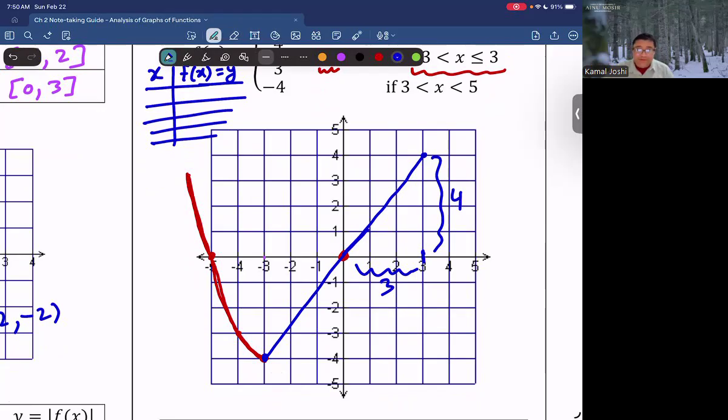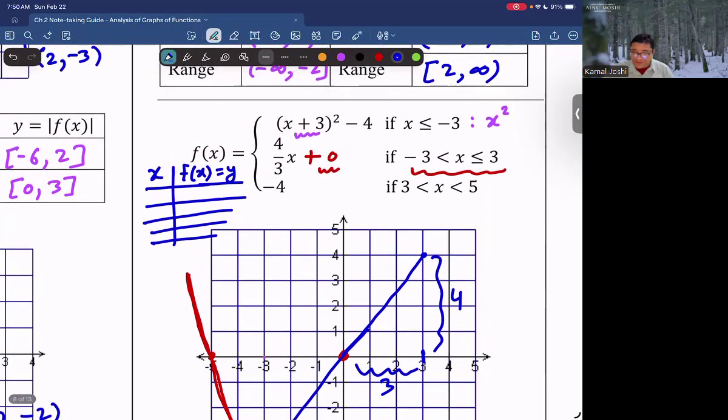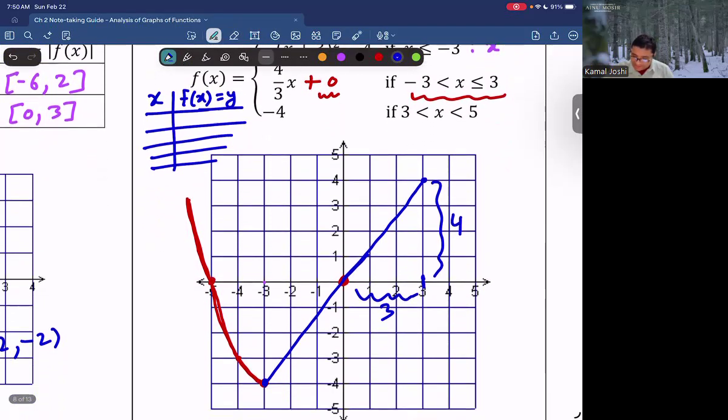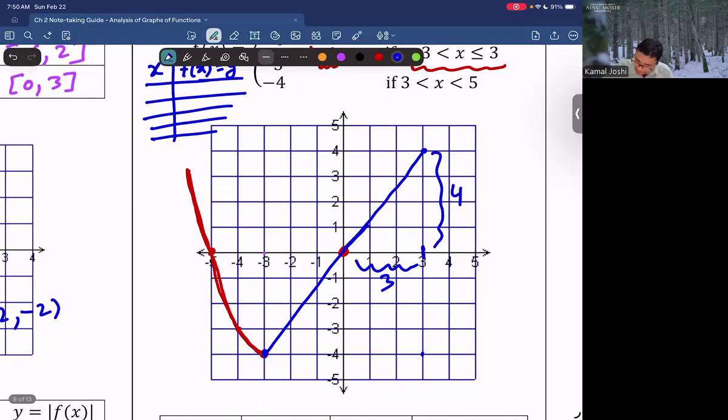Okay, and from 3 onwards, it is exactly -4. Hole here because 3 less than x, till 5. Sorry, not continuing. Here also hole. Okay, between 3 and 5, the value is -4. All right. Okay. Let me erase this as well. So that's your graph.